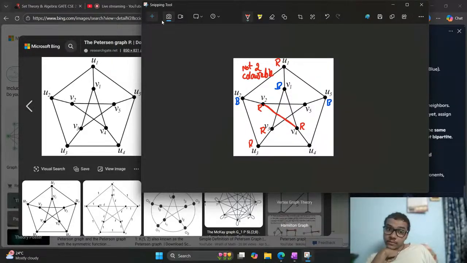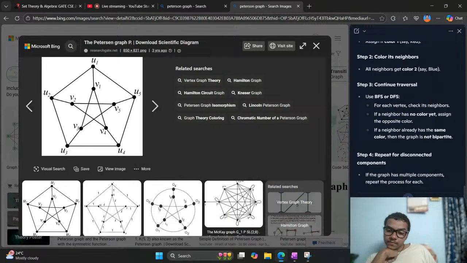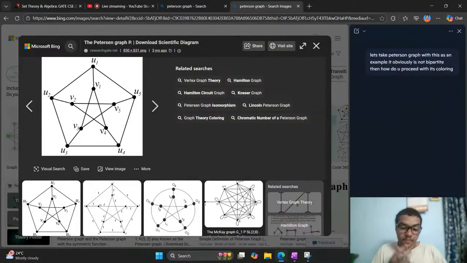So how do you check if it is 3 colorable? Let's take the Petersen graph as an example. It obviously is not two colorable. Then how do you proceed with its coloring?